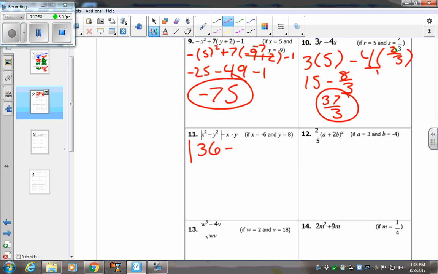Minus 8 squared. What's 8 squared? What'd you say? Yep. Minus. What is negative 6 times 8? Negative 48. Do y'all agree?